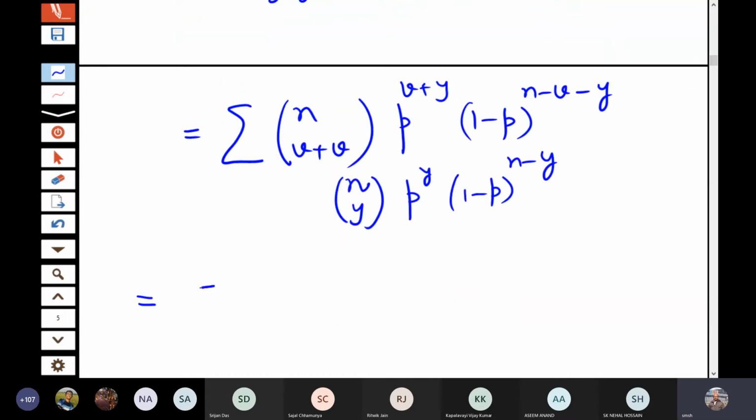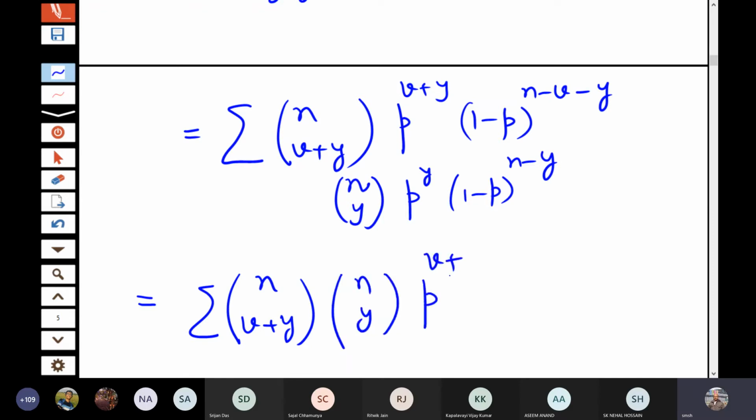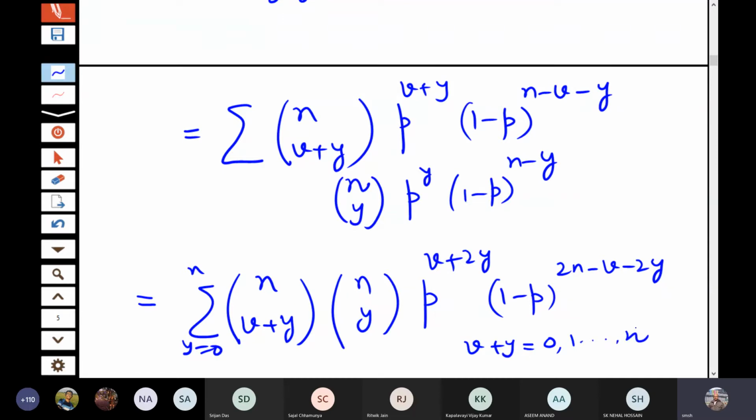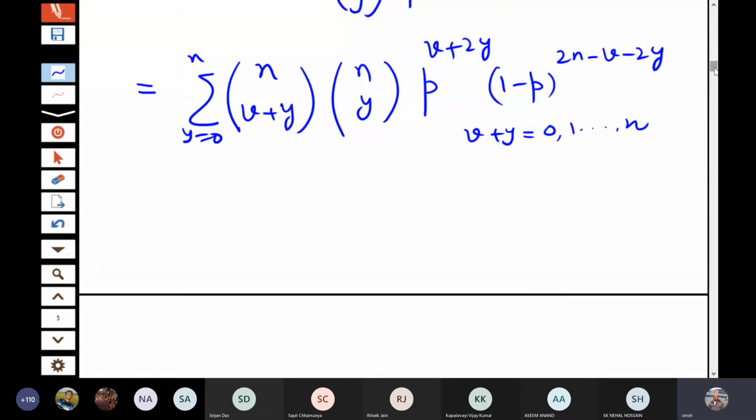So that is equal to, of course we can merge these terms, nC(v plus y) nCy p to the power v plus 2y and 1 minus p to the power 2n minus v minus 2y, y is equal to 0 to n such that v plus y can take values 0, 1 to n, in order that these notations are valid.